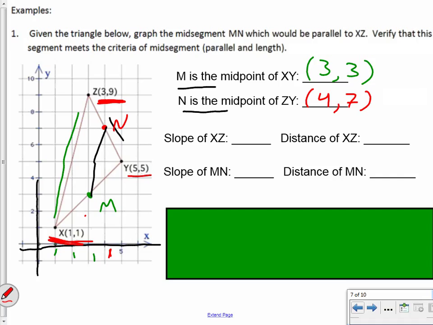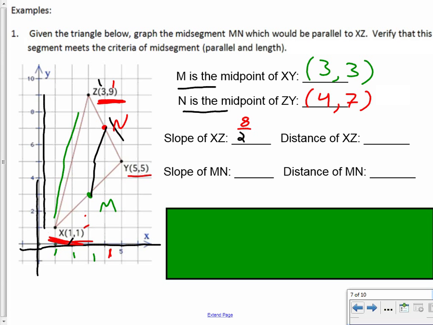So we would use 9 minus 1, and we would get 8. So 8 is our value on top. We would use 3 minus 1, we would get 2. So we have 8 over 2. And again, another way to check that is if we start here and we go 1, 2, 3, 4, 5, 6, 7, 8.